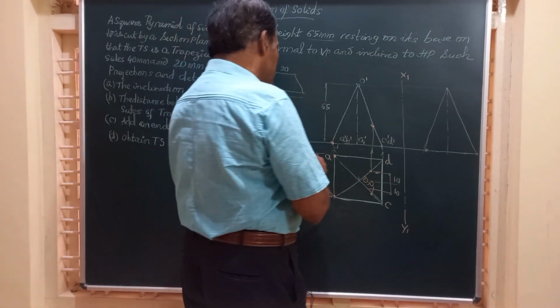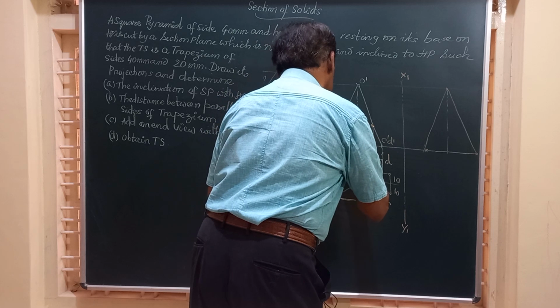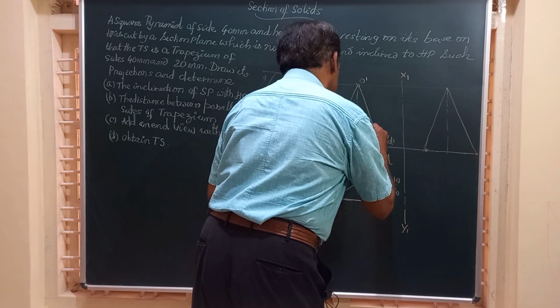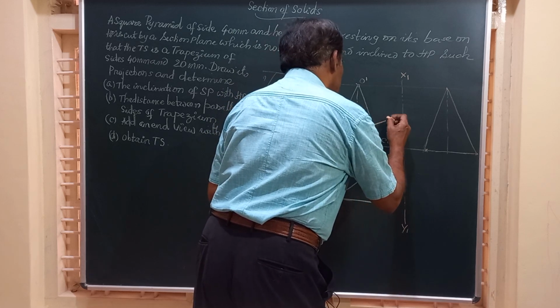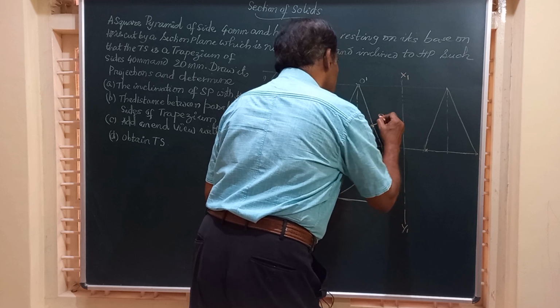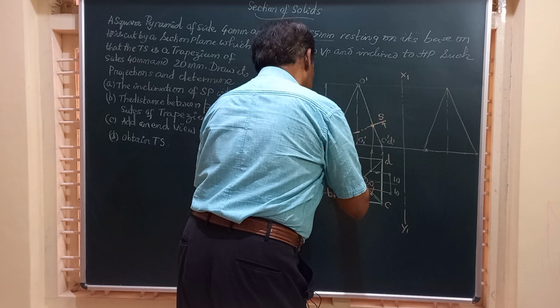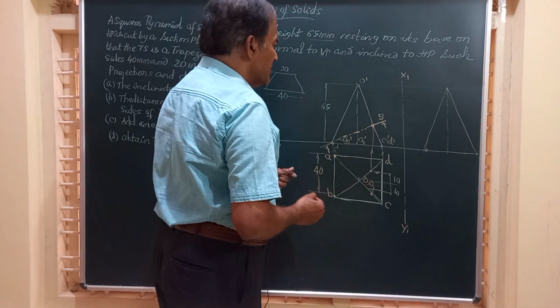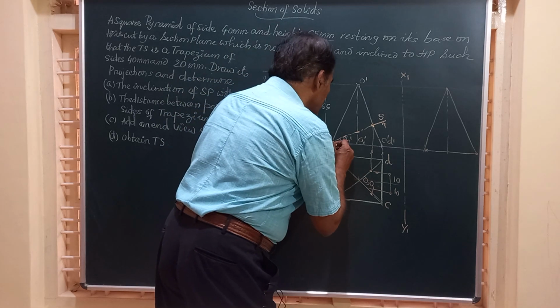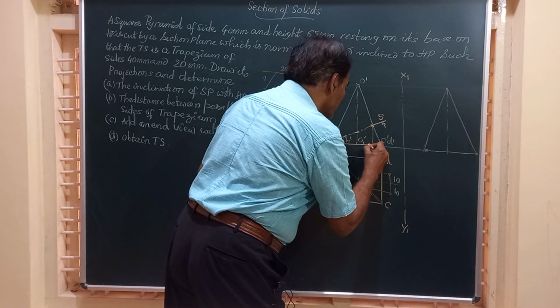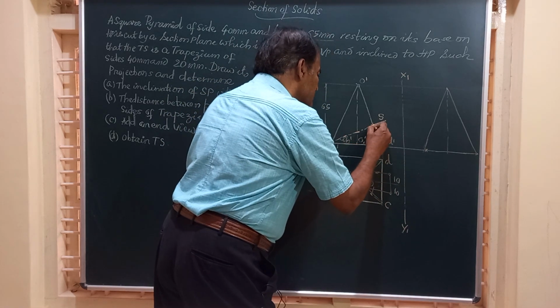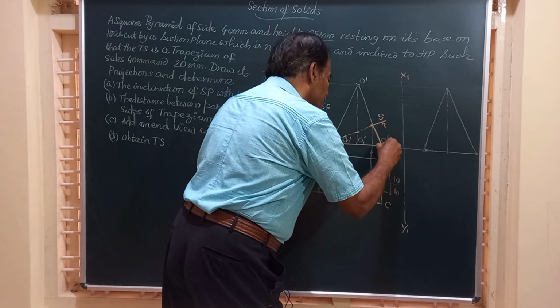Friends, you can join these two by the section plane. You can mark it as SS. SS is the section plane which is cutting the solid. And here friends, this is the base of the solid that is not touched, and this is the other portion.